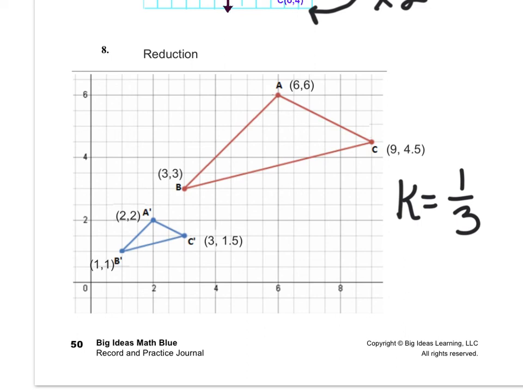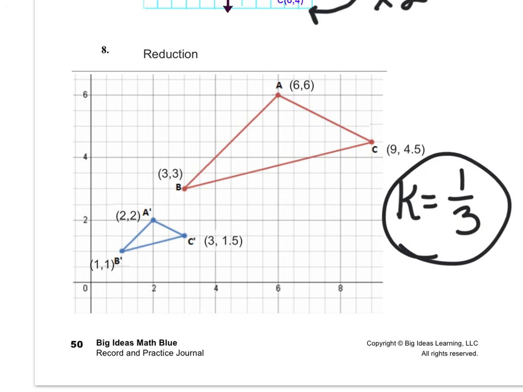So C is at 9, 4.5, and C prime goes to 3, 1.5. Well, in order to get from 9 to 3, yes, we can multiply by a scale factor of 1/3. And the same does hold true. 4.5 divided by 3 or multiplied by 1/3 gives you 1.5. So we now have identified that it's a reduction with a scale factor of 1/3.